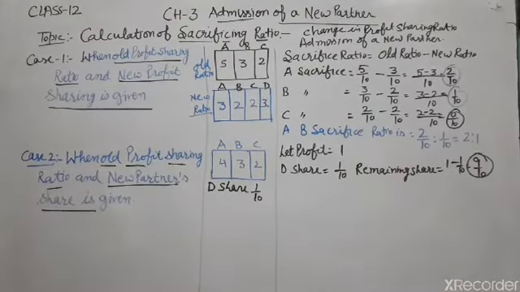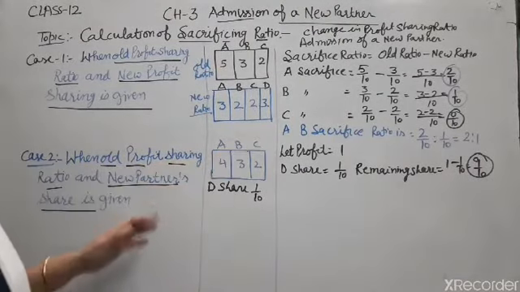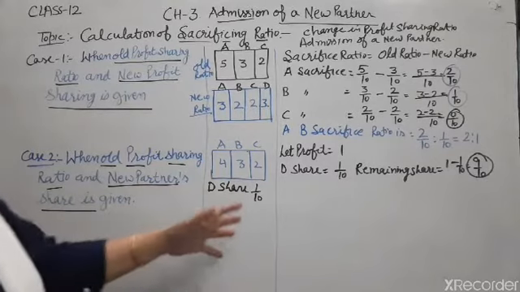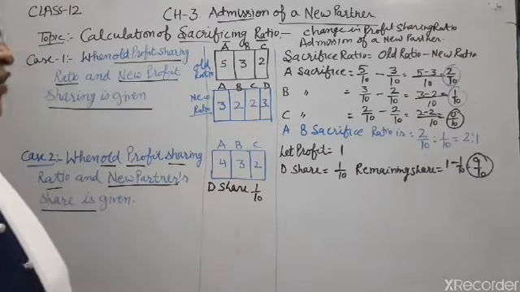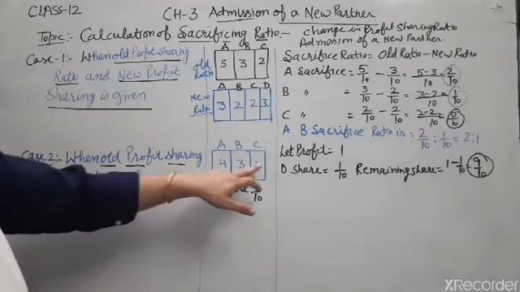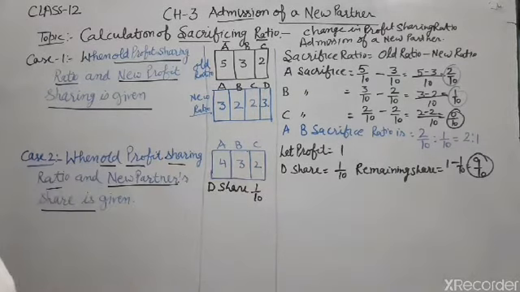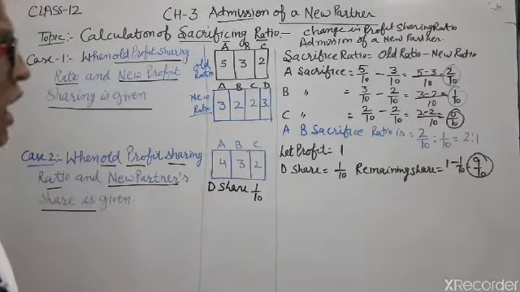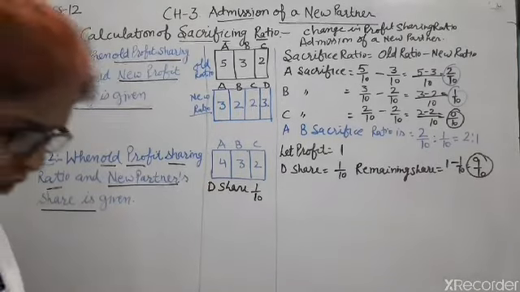And in this situation, we don't find the sacrificing ratio directly. Firstly, we find the new ratio of A, B and C, and after that we calculate the sacrifice of old partners by using the formula old ratio minus new ratio.